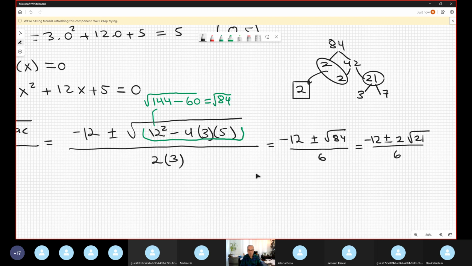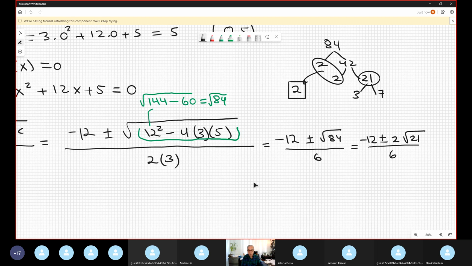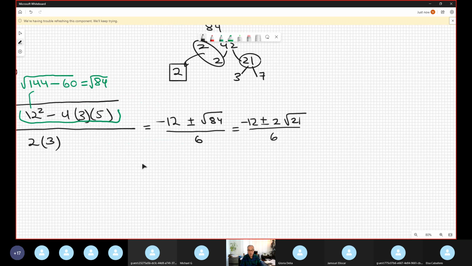Okay, I can simplify it. Of course you can, because 12, 2 and 6 are divisible by 2. So one fantastic way to simplify is you divide by 2: minus 6 plus or minus 2 divided by 2 is 1, radical 21, divided by 3. So the thing I did was divide by 2 here, divide by 2 here, and divide by 2. If you don't understand this idea very well, no problem.